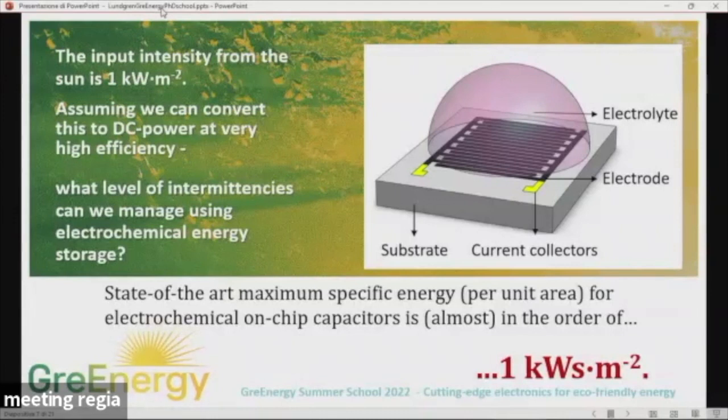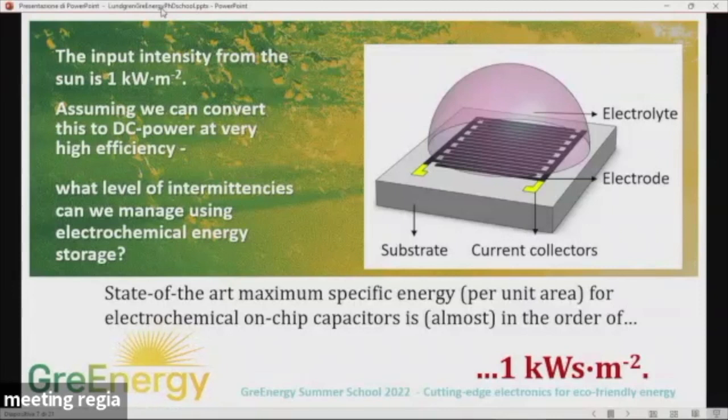And that's one of the tricks, that we want the proper kind of porosity to have a good electrode, and to be able to coat it with a lot of charge and to store a lot of energy. So at this point, the best we can do with this kind of technology on chip supercapacitors is 1 kilowatt second per square meter.